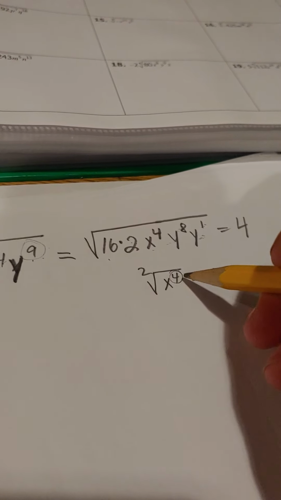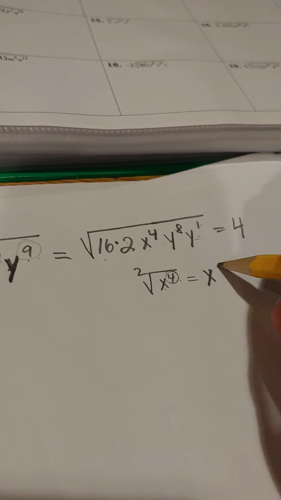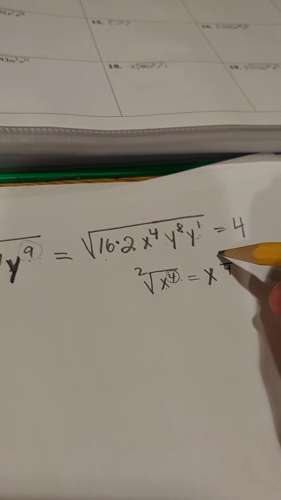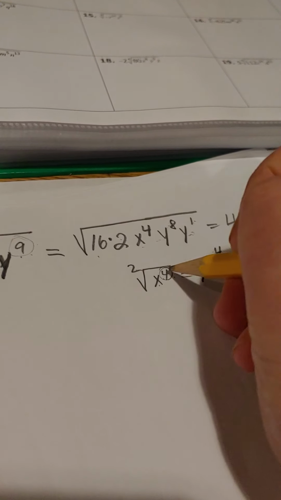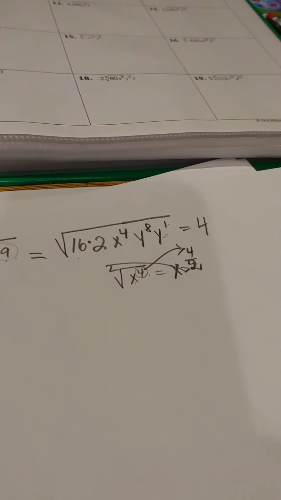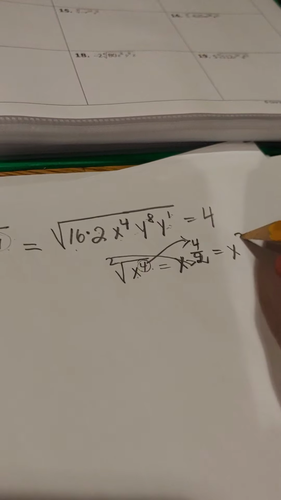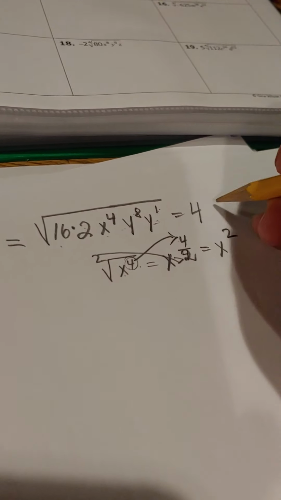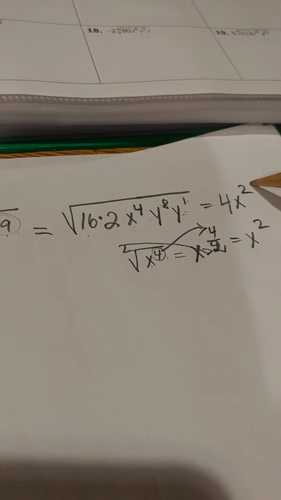And then 4 is going to go on the top and the 2 is going to go on the bottom. So it's 4 divided by 2 is 2. So it's x to the 2nd power. That's how I decided that the answer is x to the 2nd power.